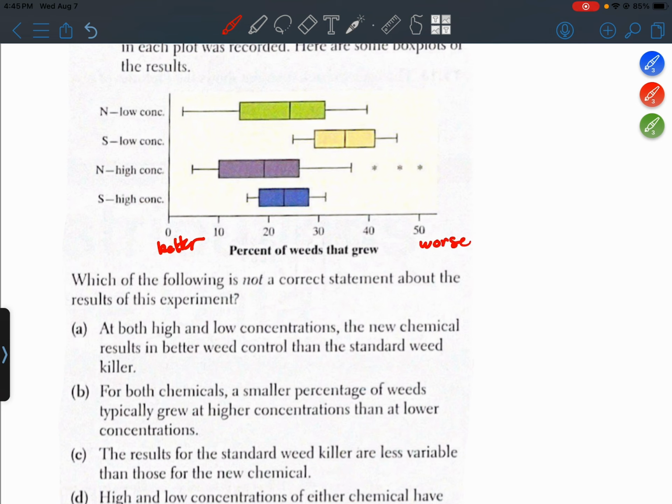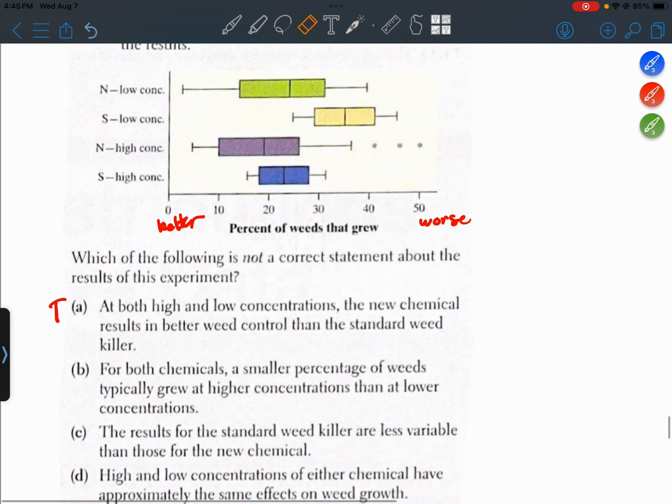Okay, so now that that's been established, is the new chemical better than the standard at the low concentration? Well, the median seems to imply yes. The new chemical has a lower median. If we look at high concentration, again, the median would indicate yes, that the newer chemical is better. So I'm going to put a T next to that statement because it appears to be true.